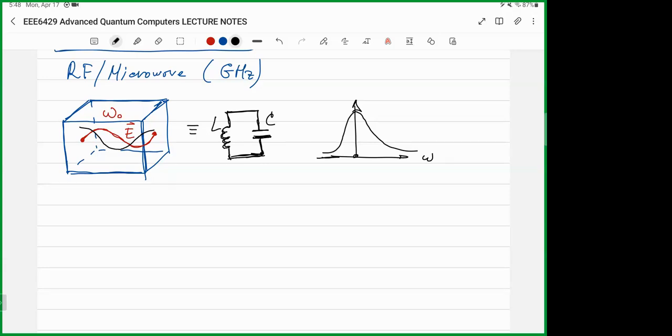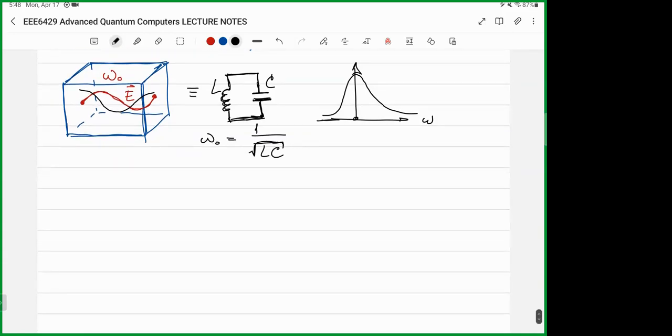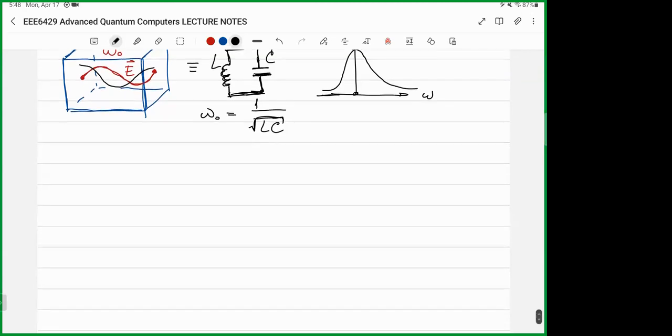So we get this LC resonator, and also we remember that the resonant frequency of this resonator is nothing but 1 over the square root of LC, right? Thomson's formula for the resonant frequency of an LC contour. Okay, so this is the resonator.